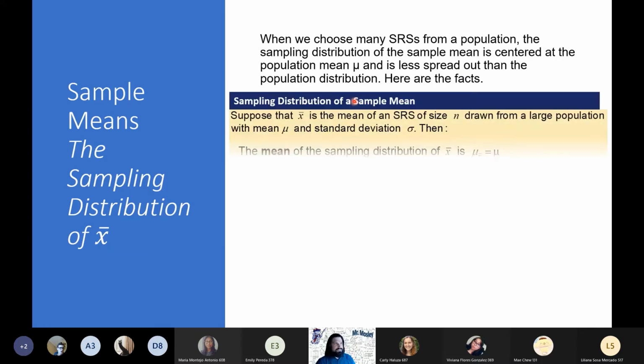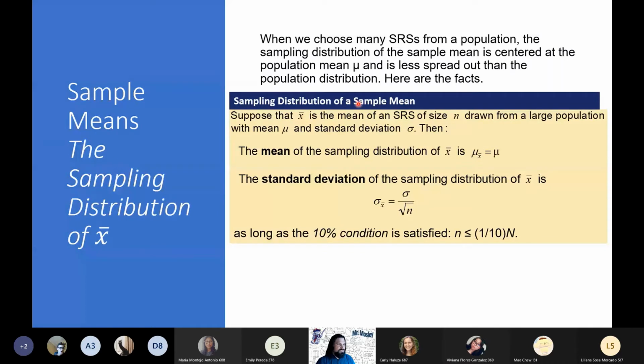Here are some facts. Sampling distribution of a sample mean. You want to have this in your notes, so you might want to start writing this down. Suppose that X bar is the mean of an SRS of size n, drawn from a large population with mean mu and standard deviation sigma. Then the mean of the sampling distribution of X bar is the mean of the population.